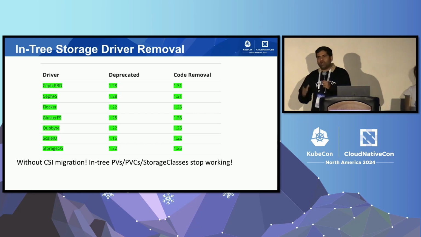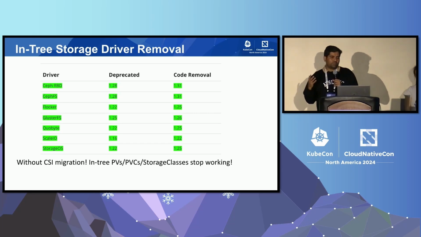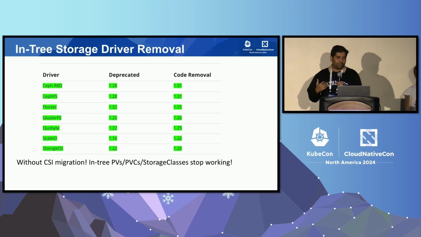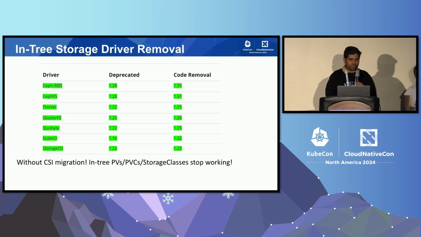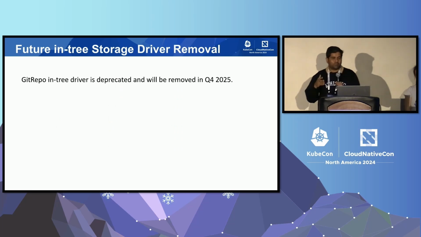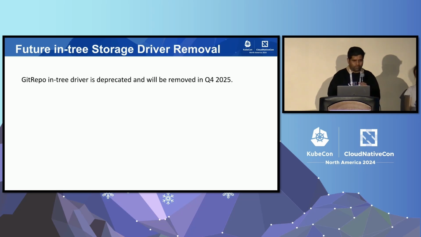As all storage vendors and our users are using CSI more and more, we are seeing less use of in-tree drivers. So we are in the process of deprecating and removing the in-tree storage drivers we used to ship. This is the list of drivers that we have removed from in-tree. One of the drivers that has been deprecated, not yet removed, is the Git repo driver. We are hoping it will be removed in Q4 of 2025.